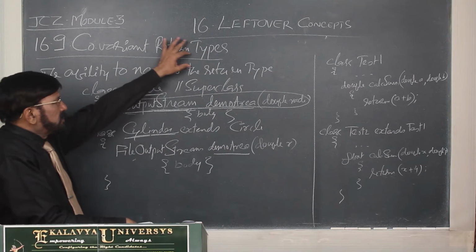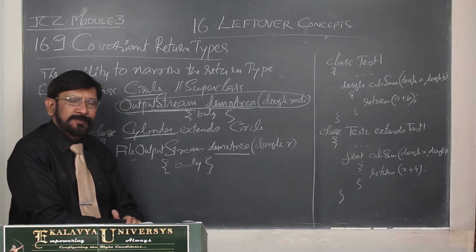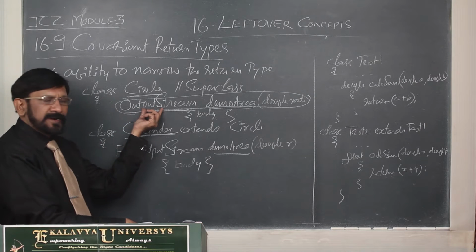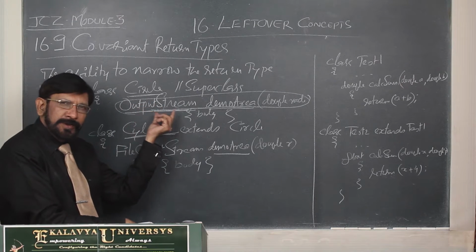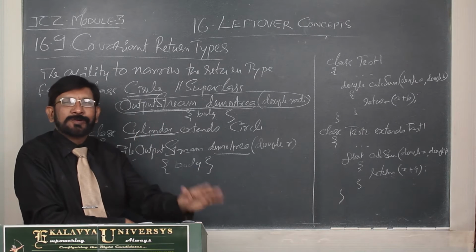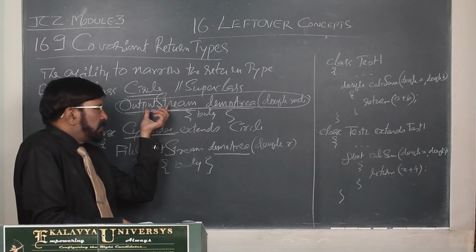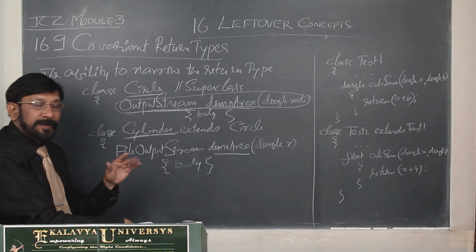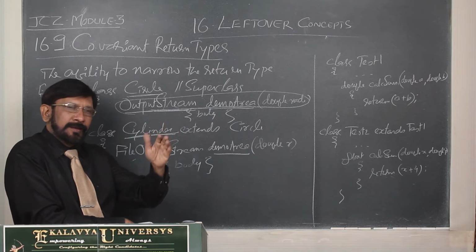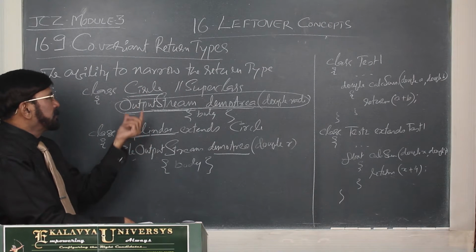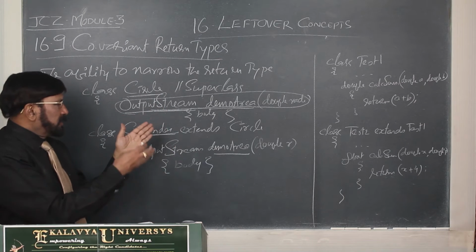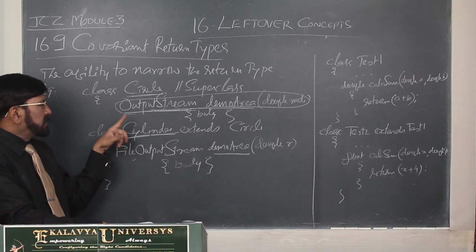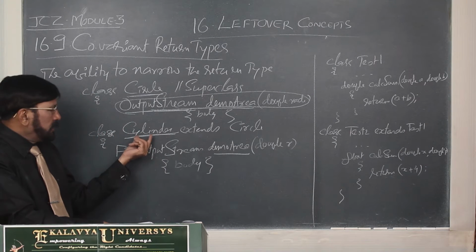Now, because of that, from the 5.0 version onwards, narrowing of the return type is allowed. That means not only the superclass type but also a subclass type is allowed. Narrowing means, if you take Circle and Cylinder, content-wise the Cylinder is bigger, but type-wise it is narrower.